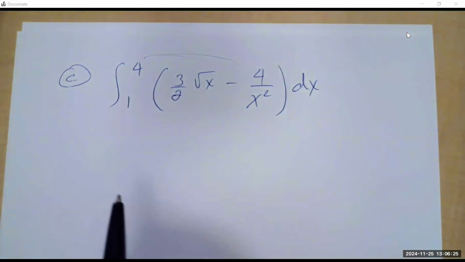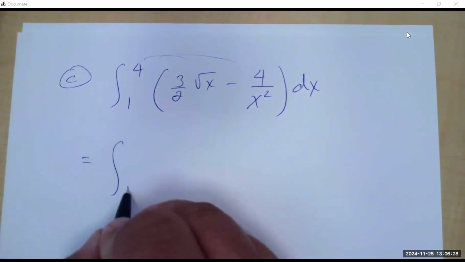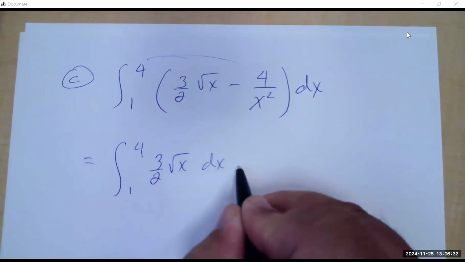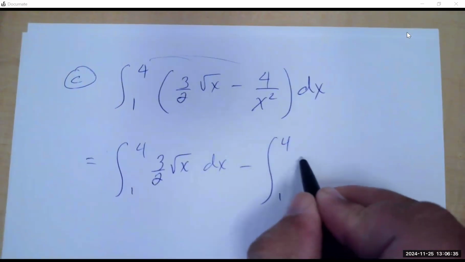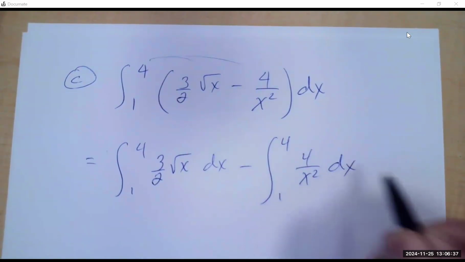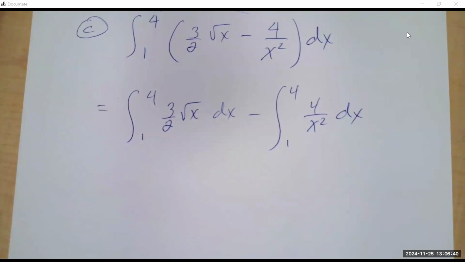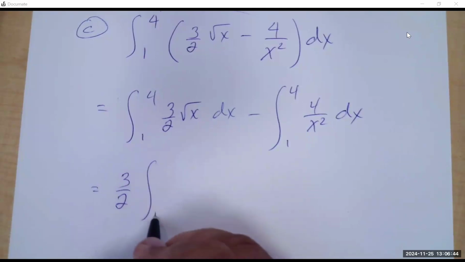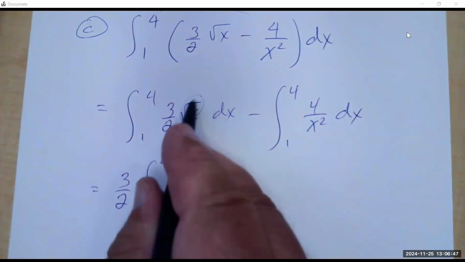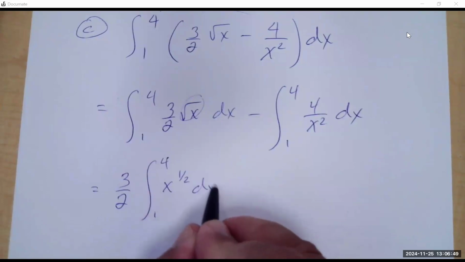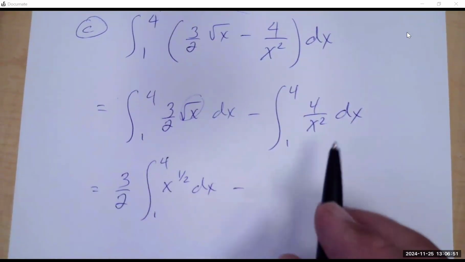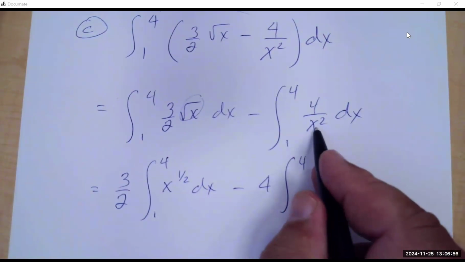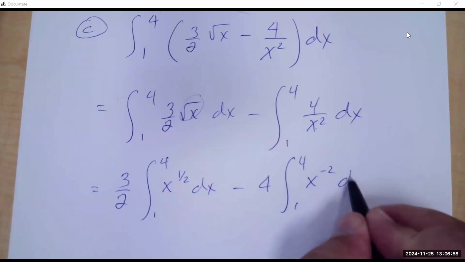Use the addition and subtraction properties. The constant goes out in front, and radical x is x to the power 1/2. The 4 goes out in front, and since that's on the bottom, we get x to the -2.